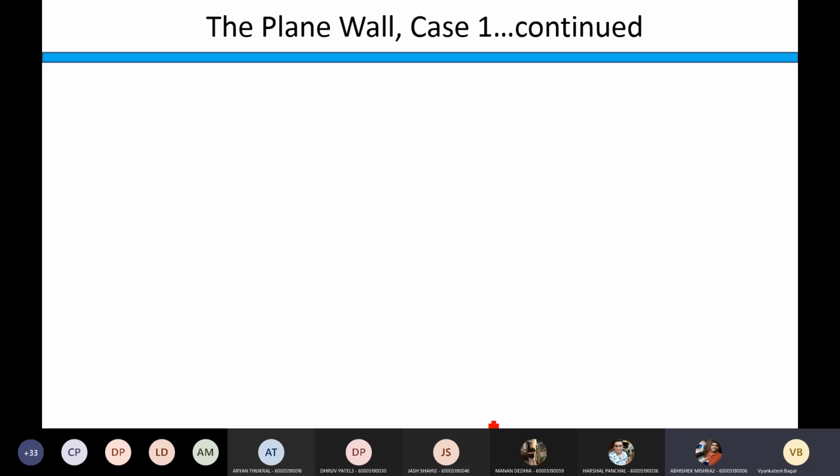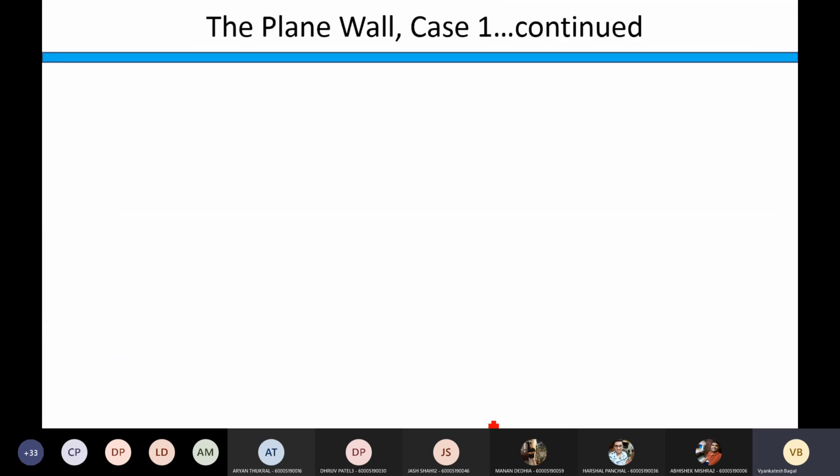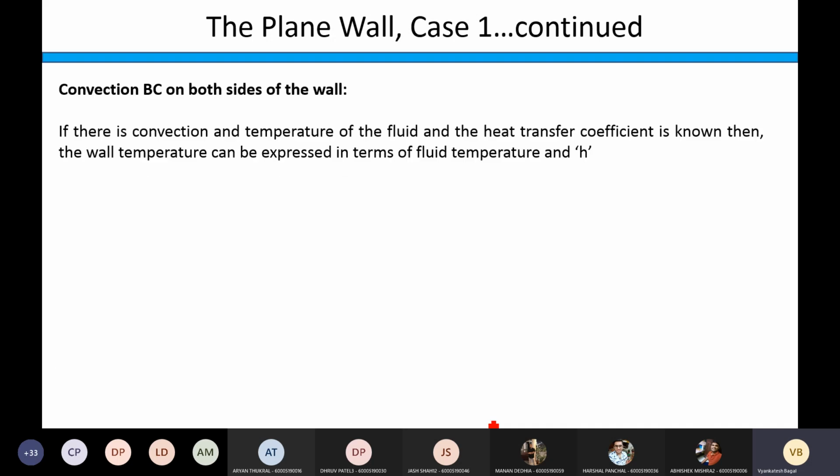Now, continuing further from case 1, the one where we have considered the wall temperature Tw on both sides, you can add one more condition to this. That condition could be convection on both sides of the slab. So use the convection boundary condition on both sides of the wall.